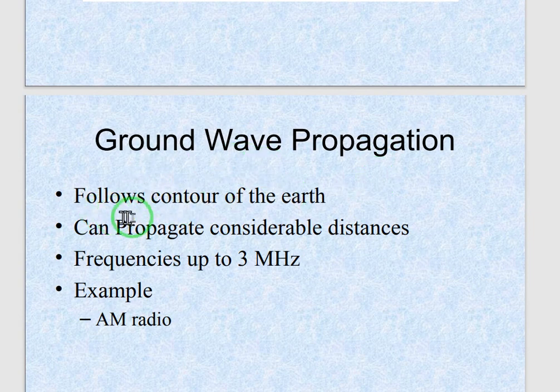Ground wave propagation basically follows the contour of the Earth. They can propagate considerable distances, meaning they can travel more distance as compared to other propagations. Frequencies up to 3 megahertz can be best propagated through ground waves.